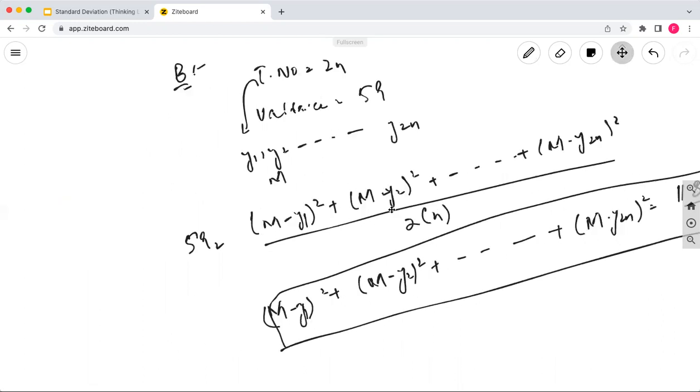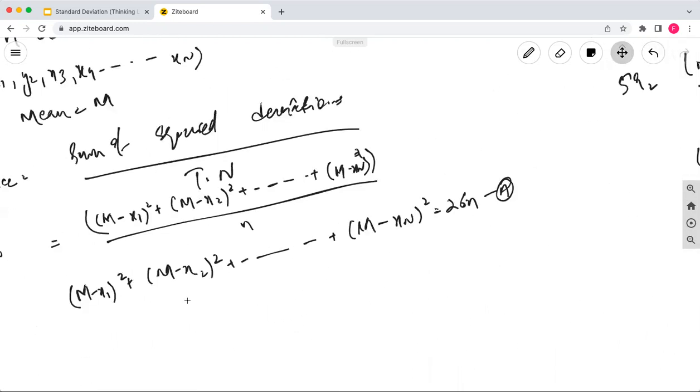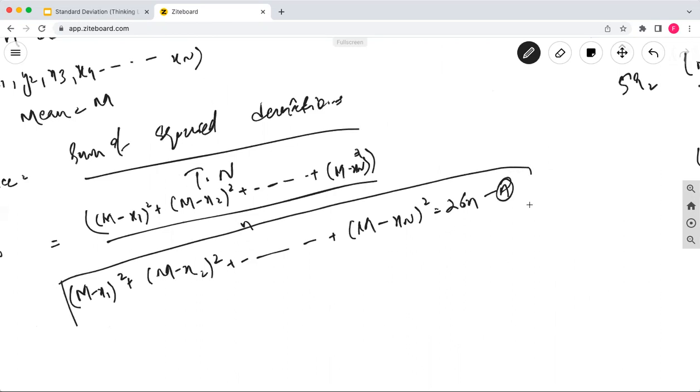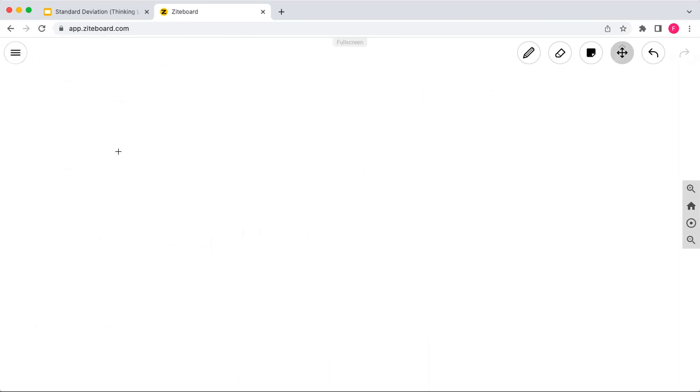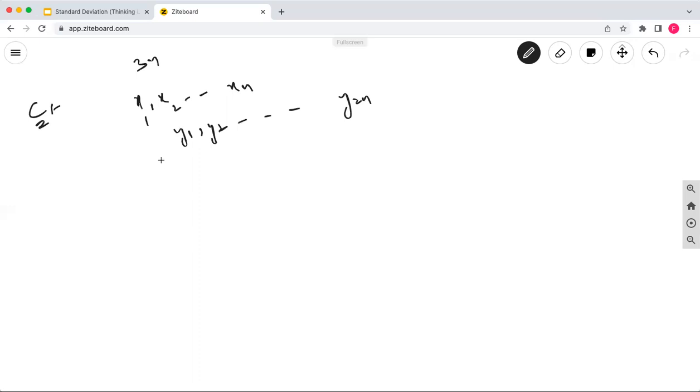Now we know this thing, and we know this thing. Now, if I consider the data set C, the elements in data set C are 3n, that is x1, x2 up to xn, y1, y2 up to y2n. There is one important thing: the mean is the same, which is m, and we need to find the variance. So what is the variance?